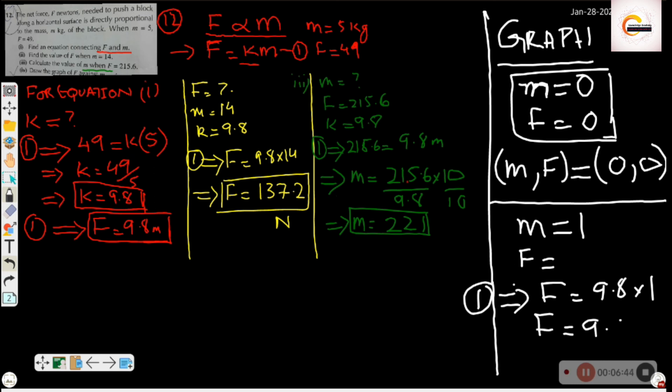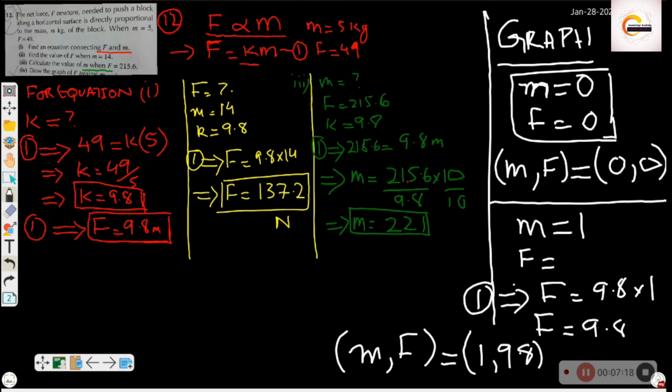F becomes 9.8. So another point on our graph is (1, 9.8).